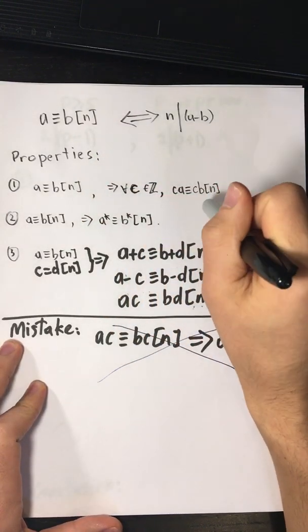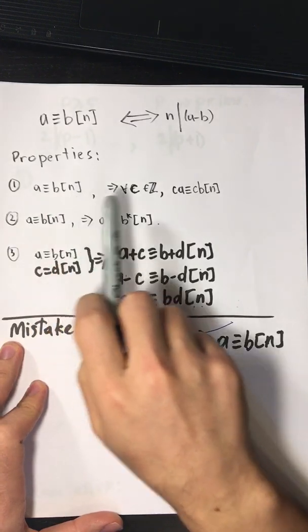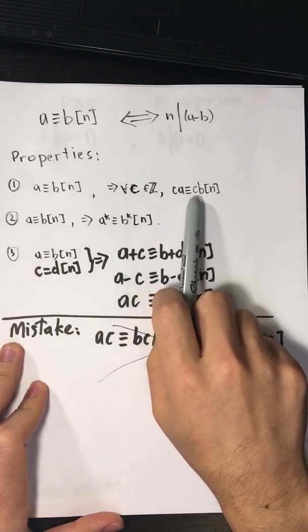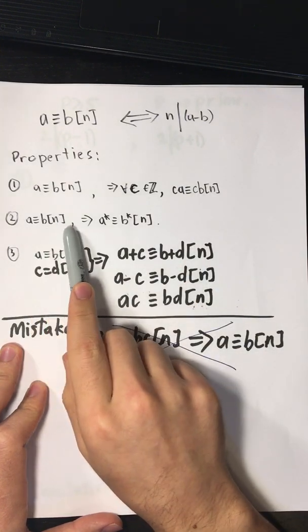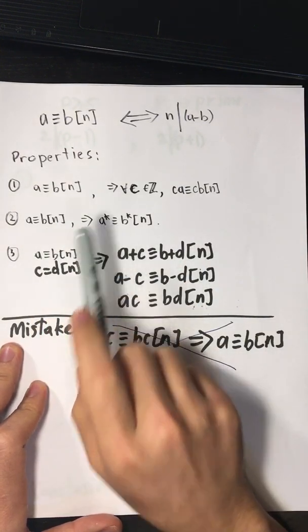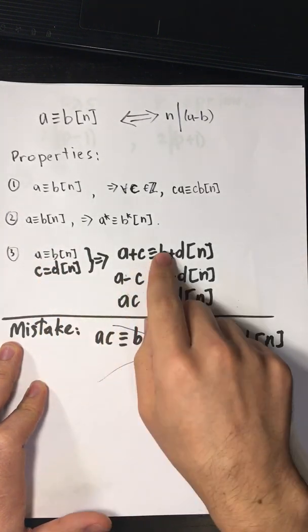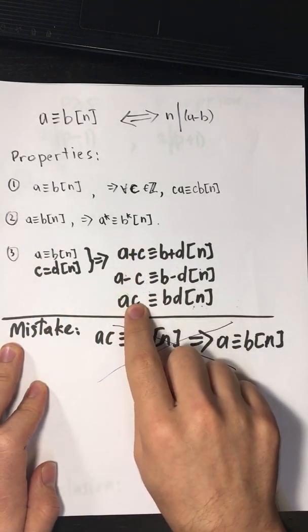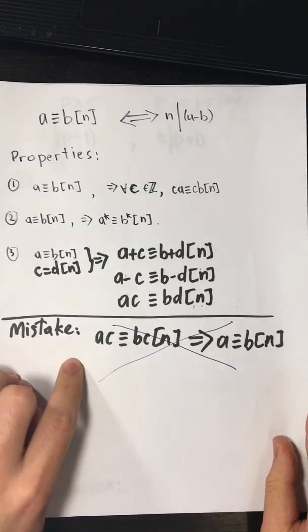It's easier than Taylor expansion, believe me. If you have this one, you can multiply it by C, and you have AC congruent to BC. If you have this one, you can calculate the power to the K. And it works like an equation for plus, minus, and multiplication, but not for division. Important. I want you to learn this first.